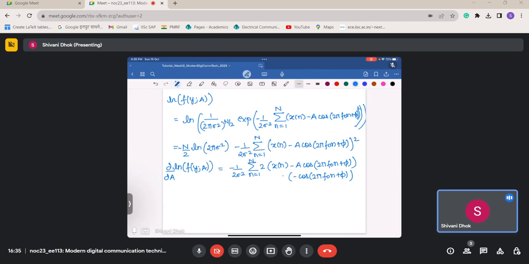To set it equal to 0 when a equals a hat, this gets cancelled, so we have 1 by sigma square summation n equal to 1 to capital N xn cos(2 pi f naught n plus phi) minus a hat summation n running from 1 to capital N cos square(2 pi f naught n plus phi), and this is equal to 0.